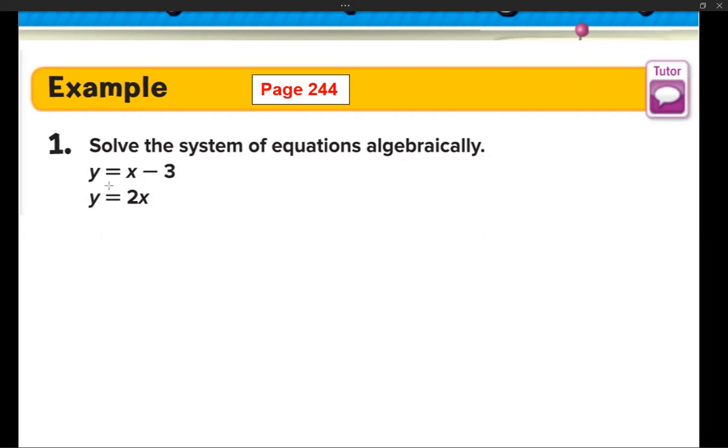They are equations. We have here an equation that represents y, which is x minus 3. So we can say that y equals x minus 3. And from the other equation, we can see also that y equals 2 times x. That's the basic idea of understanding this lesson.